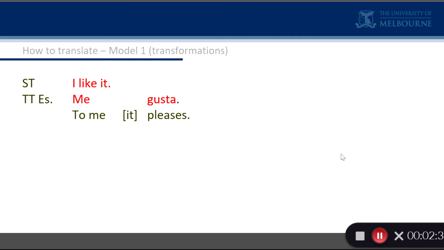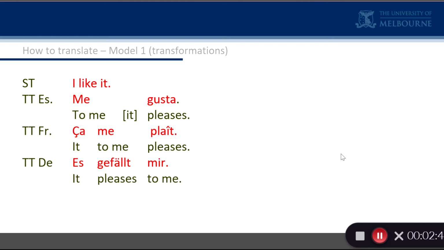Me gusta, very simple to say, but the transformations, the grammatical transformations, are quite extreme. Interestingly enough, French, ça me plaît, is the same, and German, es gefällt mir, is similar, except German has another transformation there, because it likes to have the verb in second position.